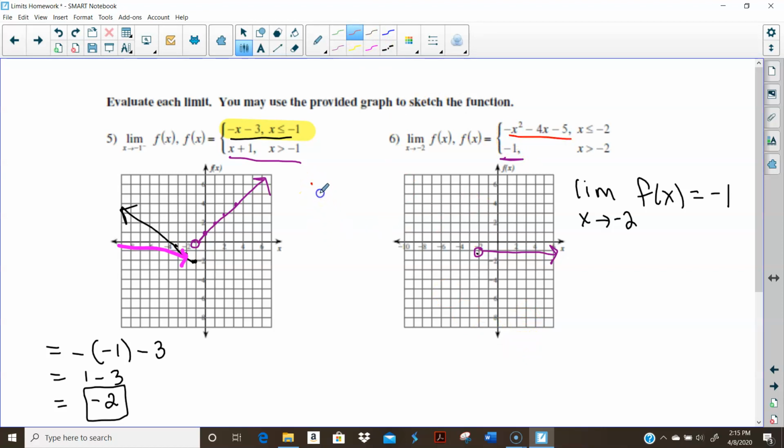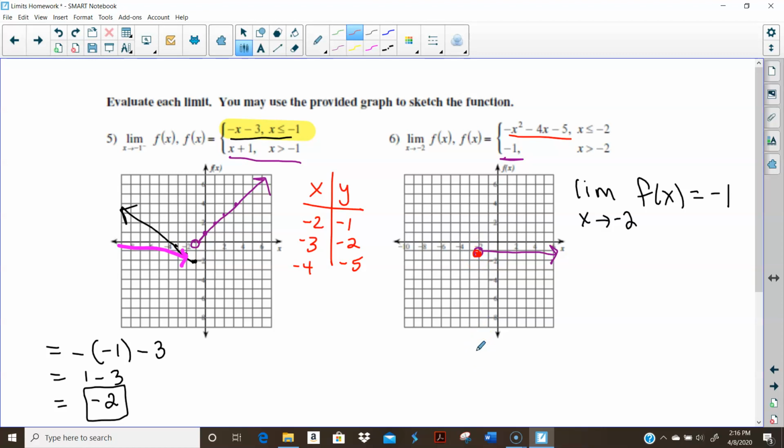You could set up a table and plug in values quickly to figure out what that parabola looks like. If you put in -2 into this function, you're going to get out a -1. If you put in -3, you're going to get out a -2. And if you put in -4, you're going to get out a -5. So starting at -2, -1, you can see that there's an open circle here, but this piece is a closed circle in the same place.